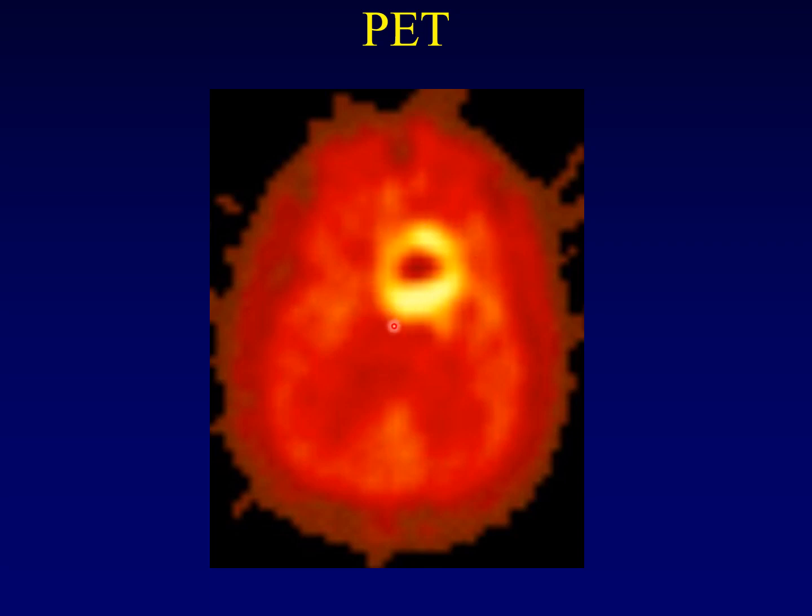For your consideration, you might notice that in the center of the tumor, there's an area that does not use much glucose. And I want you to think about why it might be that in the middle of this aggressive, fast-growing tumor, there's an area that doesn't use any glucose. Weird, huh? Moving on.